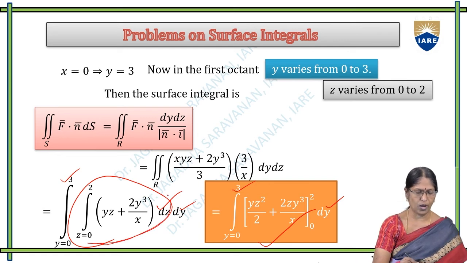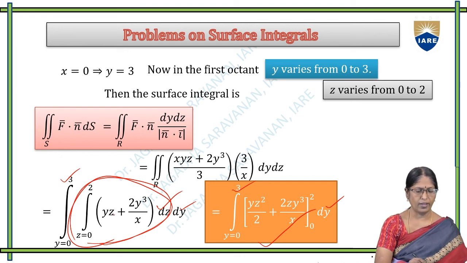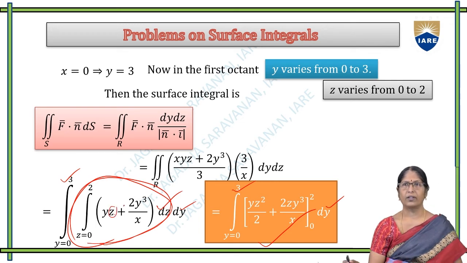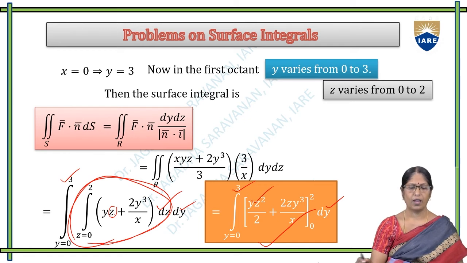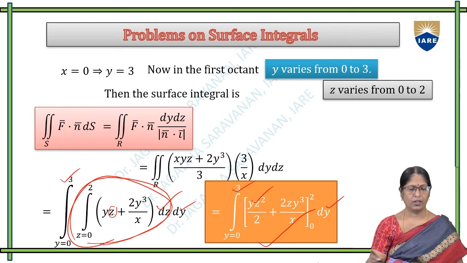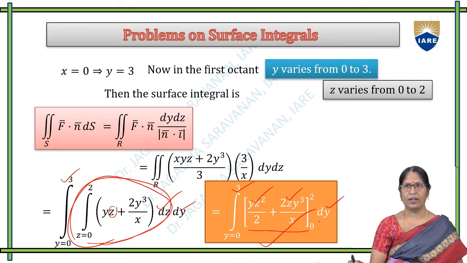The circled one, we are going to integrate. So yz is there, and the z integration is z square by 2, which is written here, and 2y cube by x dz, the integration is z, from 0 to 2.